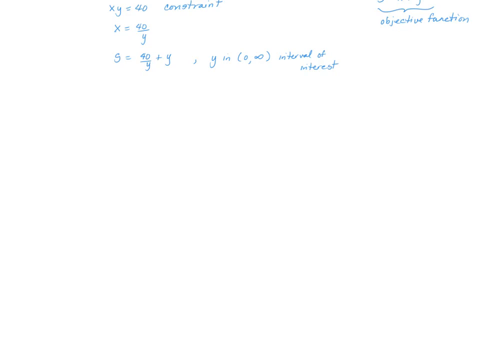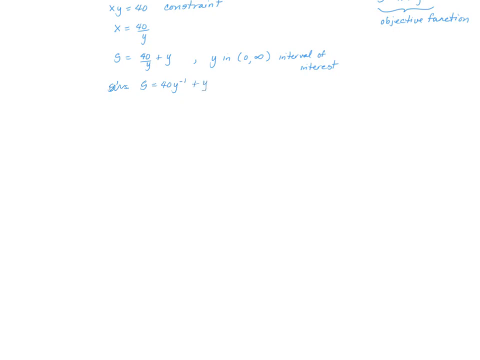Remember, to find mins and maxes, we look at the first derivative. So I'm going to take the first derivative of this function S. And it's probably easiest if you look at S, and in fact, let me rewrite S equal to 40 times y to the negative 1 plus y.